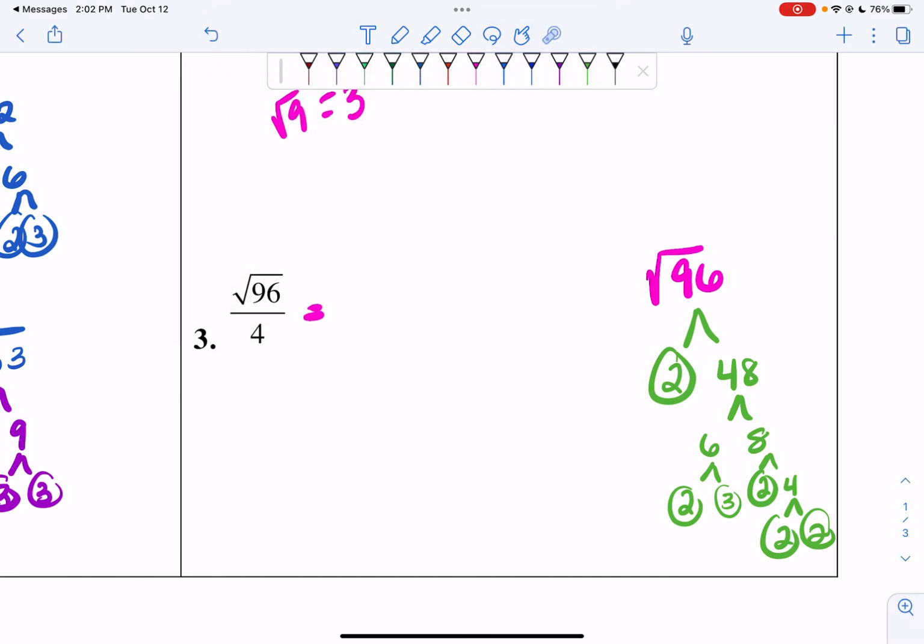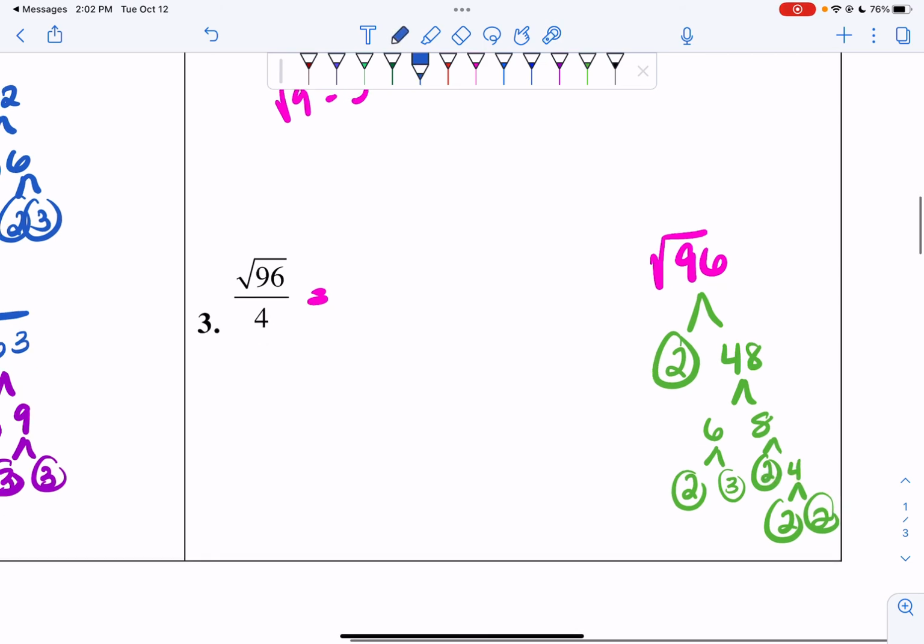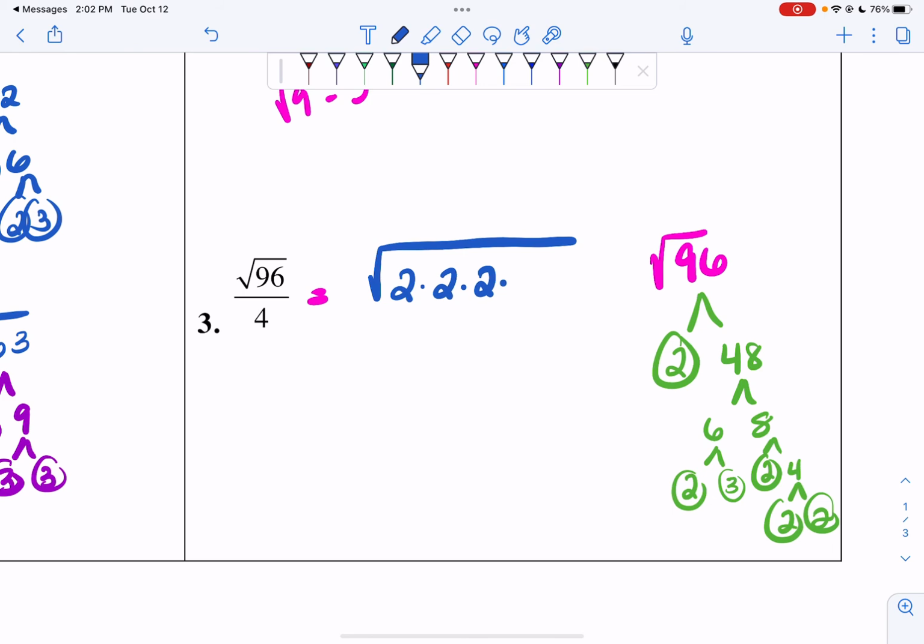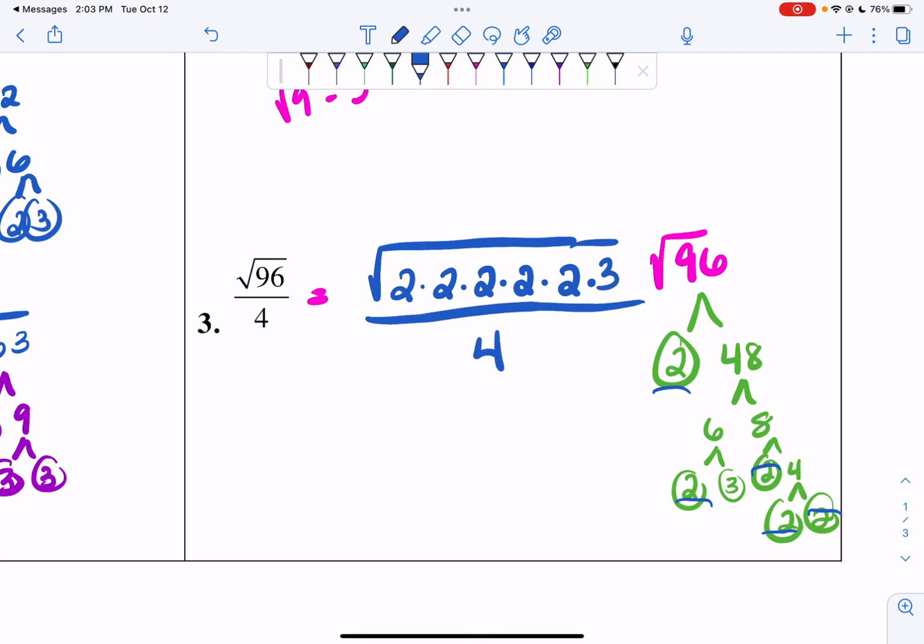So I have five 2s and then one 3. Let me just double count. Yes, five 2s, and then one 3, and that's all over 4. I asked myself if I have any doubles, and I got a few.